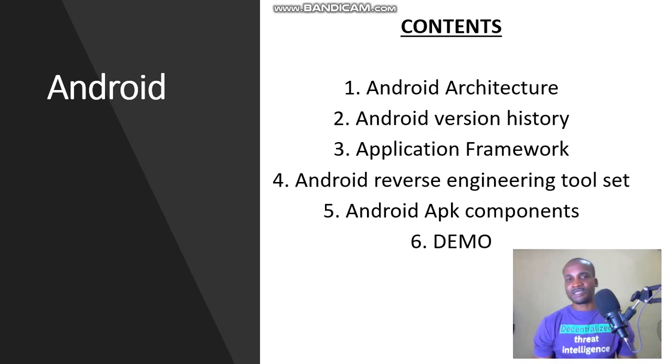Thirdly, we're going to understand the Android application framework. Then we're going to go into the Android reverse engineering toolset. We're going to list some of the toolsets you need for your Android application security. Then we're going to talk about the Android APK components. Then finally, we're going to do a demo. So to go deep dive, let's start with Android version history.